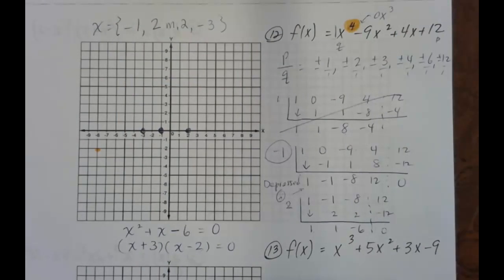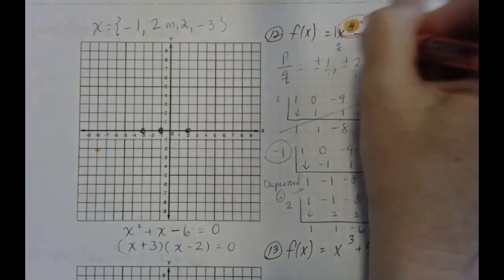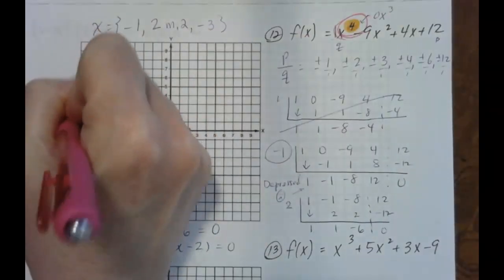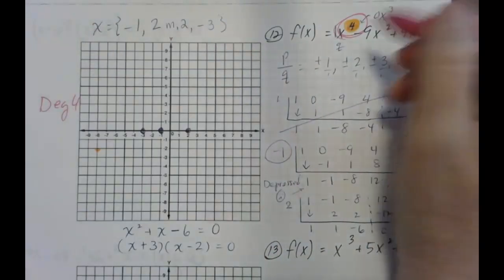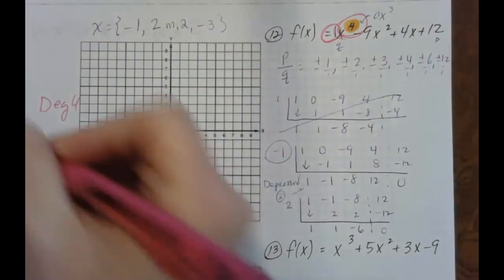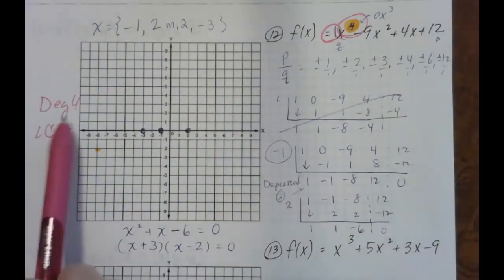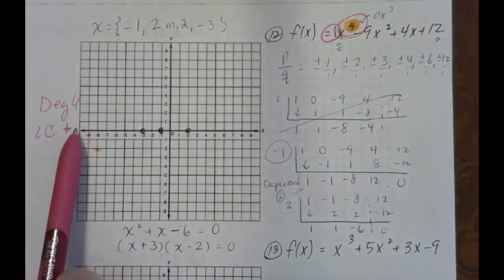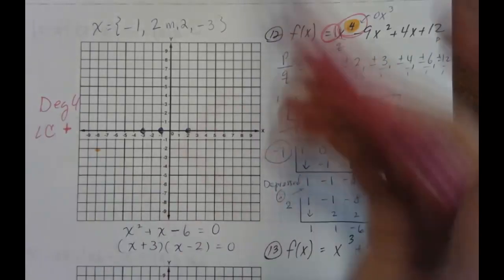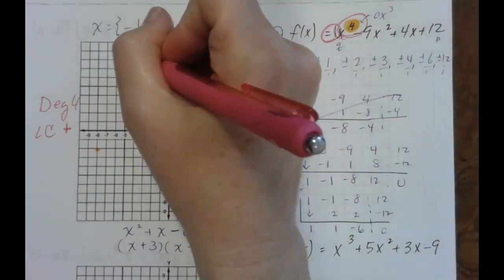Now, let's think about end behavior for just a moment. End behavior has to do with what is the degree? The degree is 4, so we have a degree 4 polynomial, and our leading coefficient, our LC, is +1. So if the degree is even and the leading coefficient is positive, this graph is going to be like a touchdown.